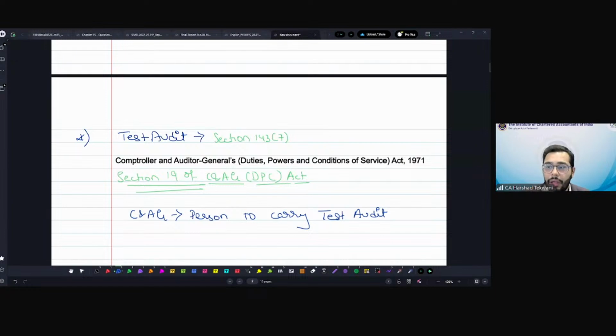Okay. Now, there is one more section that I want to specifically discuss. That is 19A of again the C&AG DPC Act.